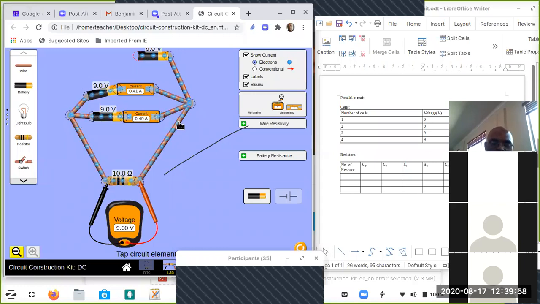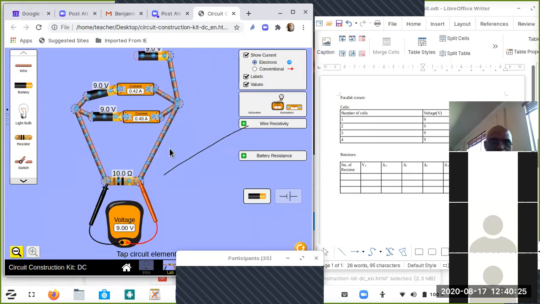So the first one, let me say this is the first one, 0.49 amps. The second one is 0.41 amps, right? So we are seeing here that the current is just different. Please remember, we once said the longer the connectors, the more the electrical energy is consumed, right?